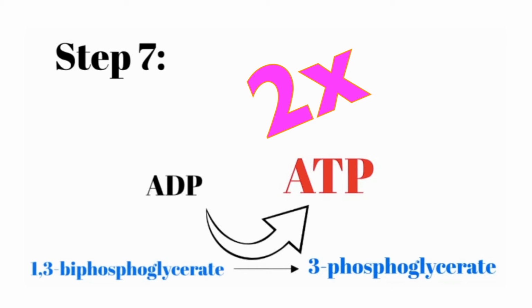These are all enzymatic reactions. The enzymatic breakdown of 1,3-biphosphoglycerate is going to put a phosphate with ADP to make ATP. But keep in mind, there are going to be 2 ATP molecules resulting in step 7 because step 7 is happening twice.